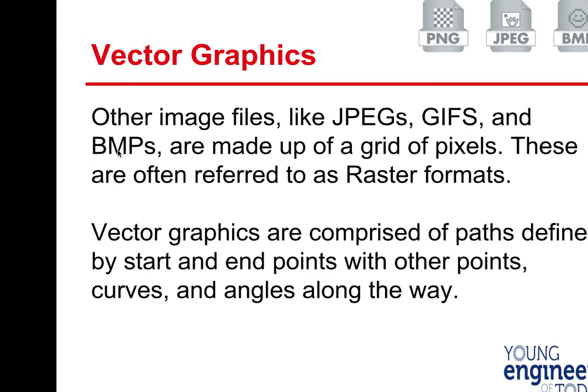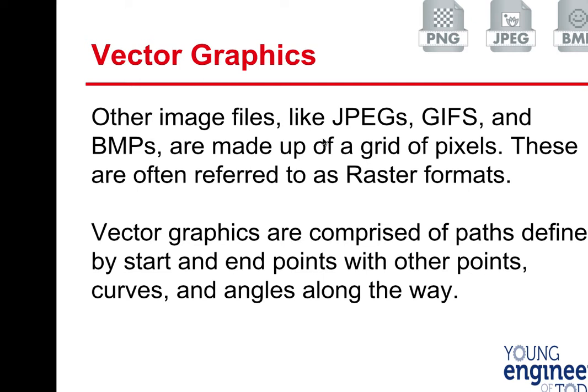You may have heard these terms before. These images are made up of a grid of pixels. Think back to working in Microsoft Paint, where your paintbrush is essentially a tiny block, one pixel, and you combine all of those blocks together to make pixelated artwork.